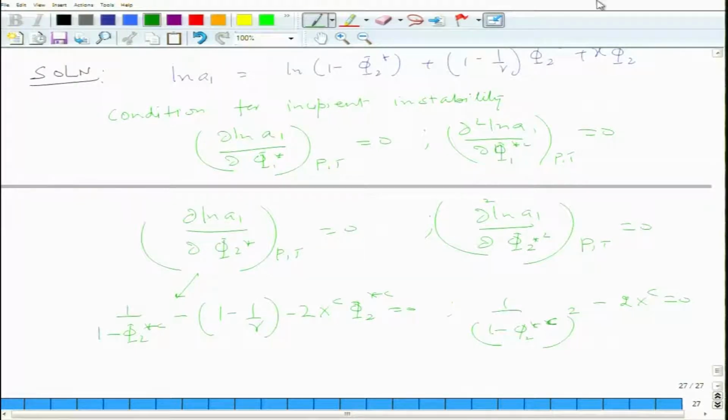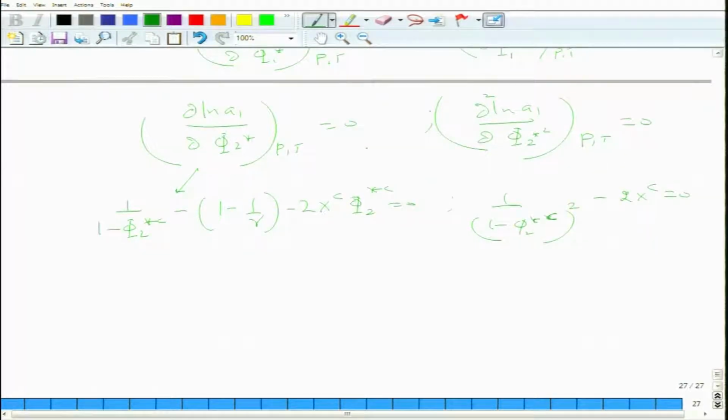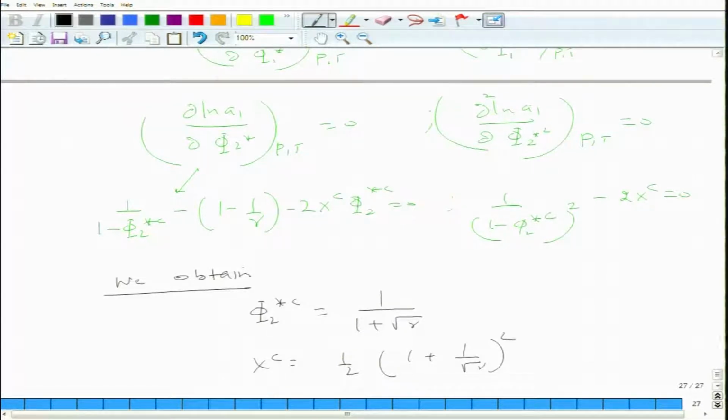Using these two expressions, one should be able to find phi 2 C as well as chi C. If you solve this, then we obtain phi 2 C as 1 by (1 plus root r), and chi C is 1 by 2 times (1 plus 1 by root r) to the power square.